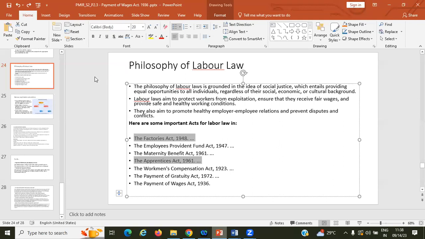Then we thought to discuss the calculation formula, how the bonus is calculated. We're going to discuss that. Here you have to remember a few things.